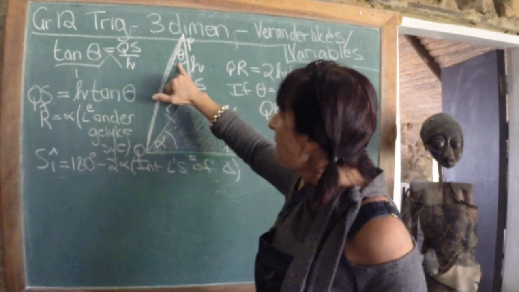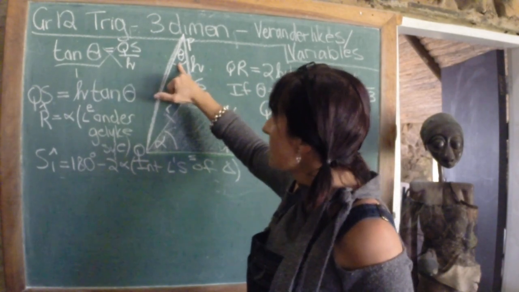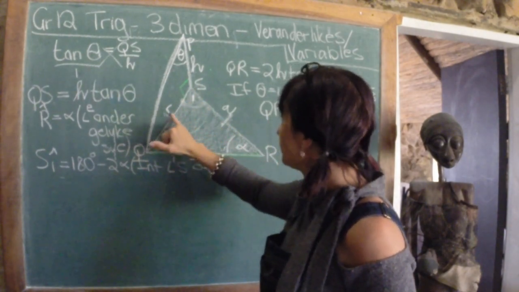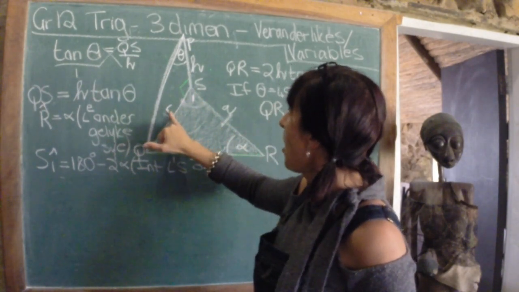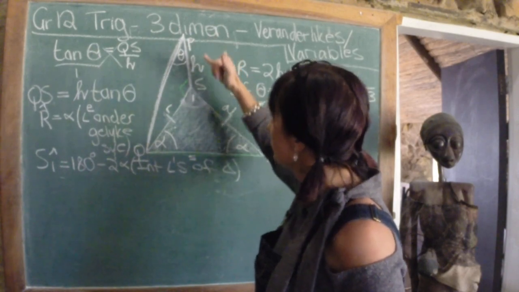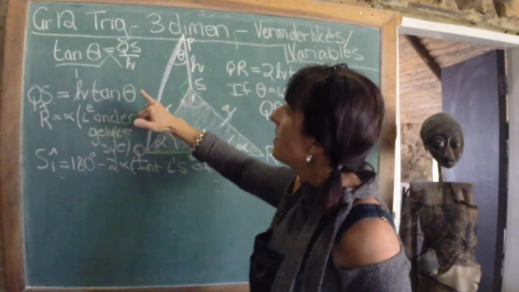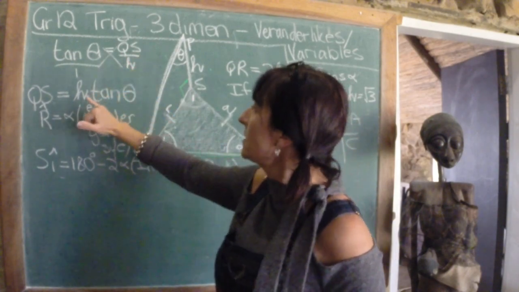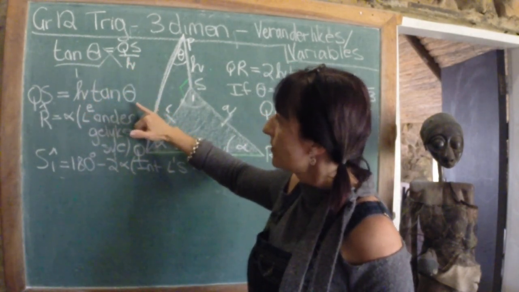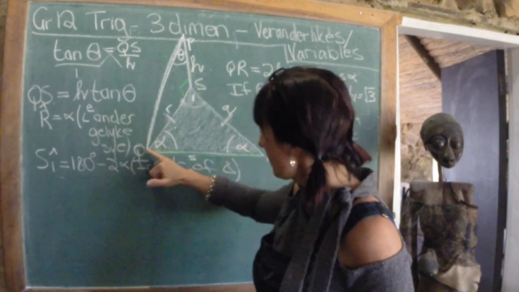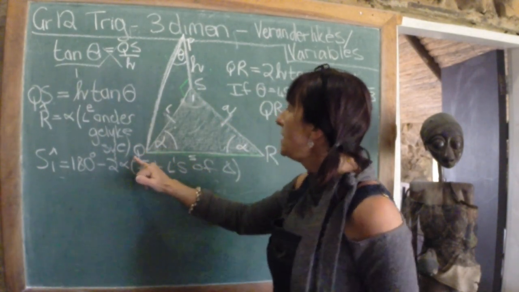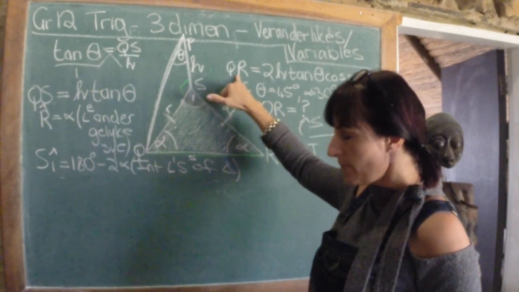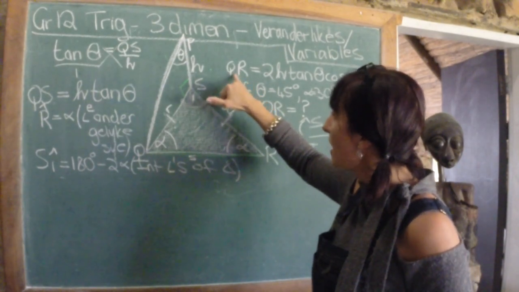So die tan van theta is QS, of small r, on HPS. So ek kan vir QS alleen kry, deur kruisvermenigvuldiging te doen. QS equals h, the tangent of theta. So now I've got QS. Now I need to get QR, because that's what must be proven.